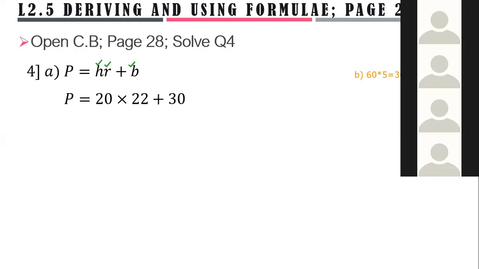Now, according to the order of operations, what will you do first? We will do 20 times 22. Let's do it here. I'm going to put the 22 here. Now the 0, I don't need to do anything with it.